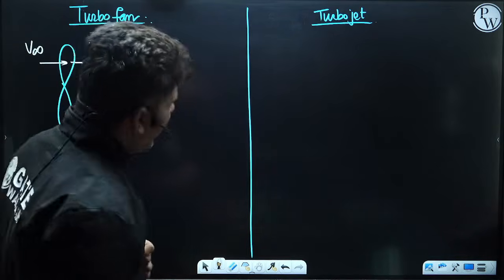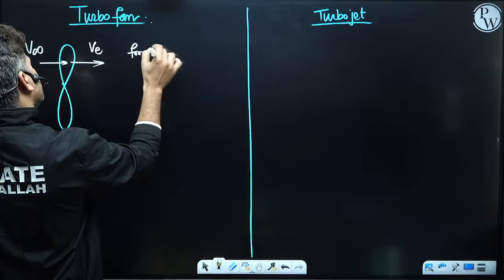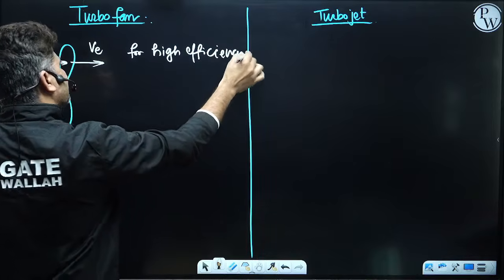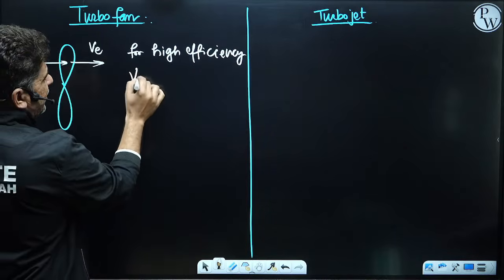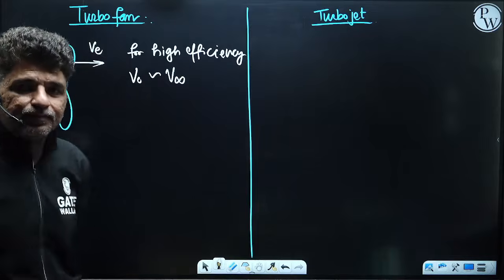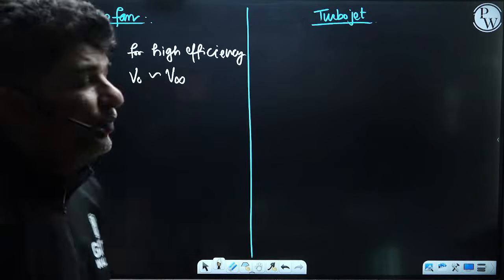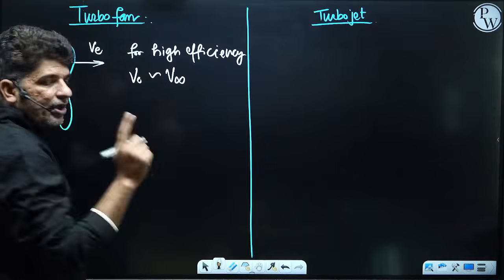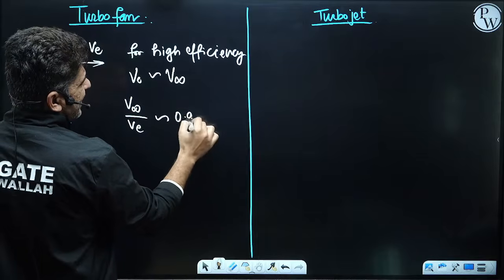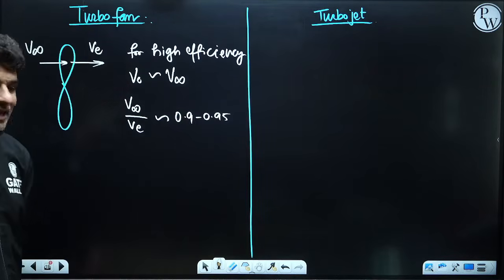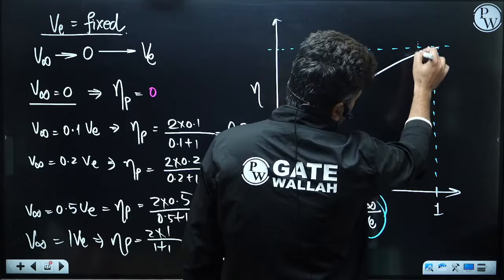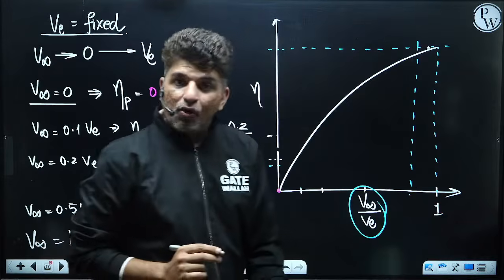For very high efficiency, you want V exit to be only slightly higher than V infinity. If the ratio V infinity by V exit is close to 0.9 or 0.95, the efficiency will be very high. This is the region where we want to operate.